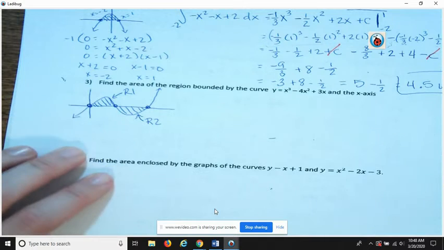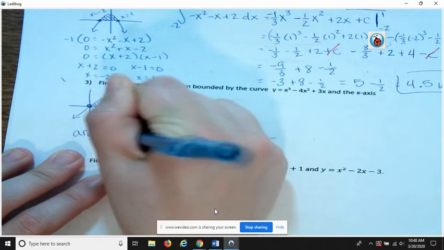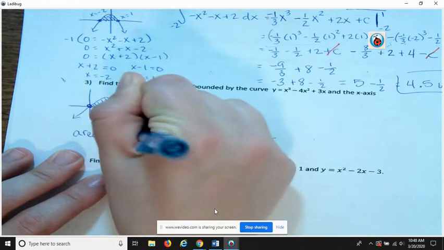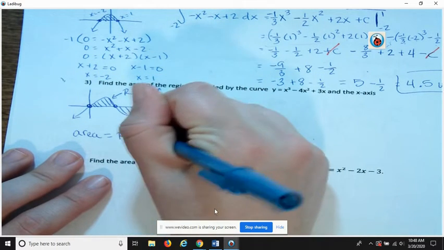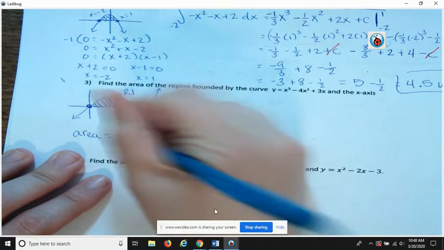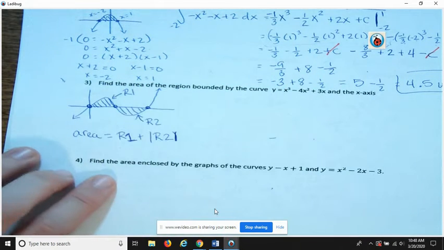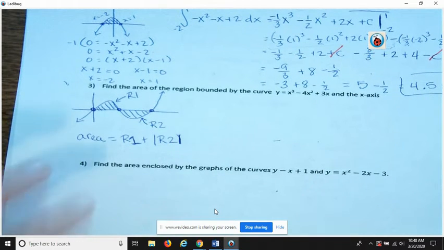Okay, so our area for this should be equal to our R1 plus the absolute value of our R2. Oops, sorry. Okay, our R2, remember, is going to be negative because it's underneath the x-axis, but we want that whole area, so we're going to force it to be positive. Okay, so the first thing we would need to do is solve for these values.